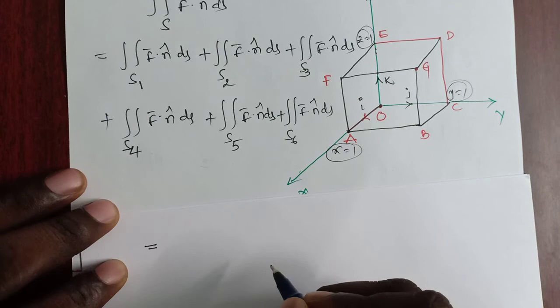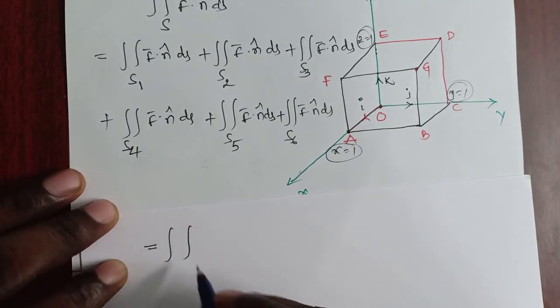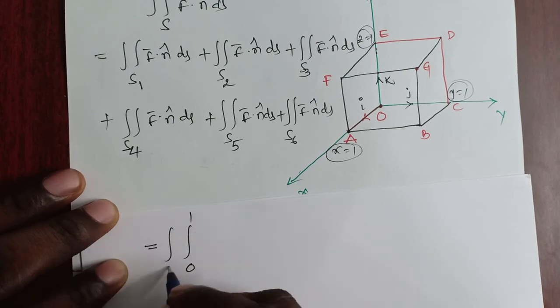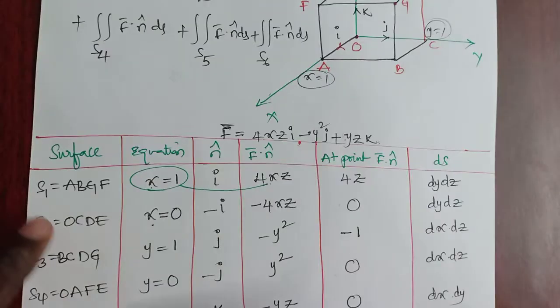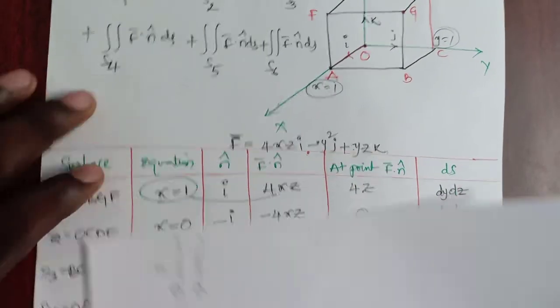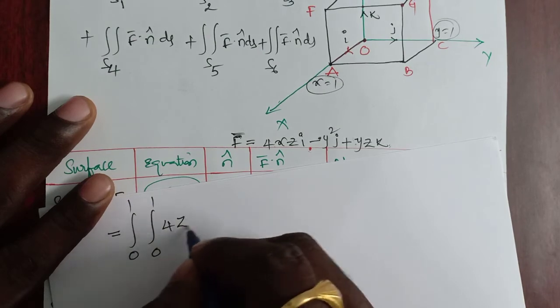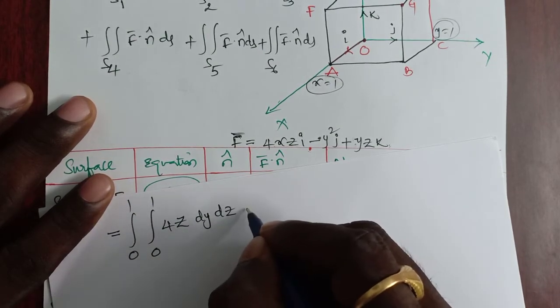First, the double integral under the surface, with boundaries 0 to 1, 0 to 1. So F bar dot n cap for S1 is 4z into dy dz.